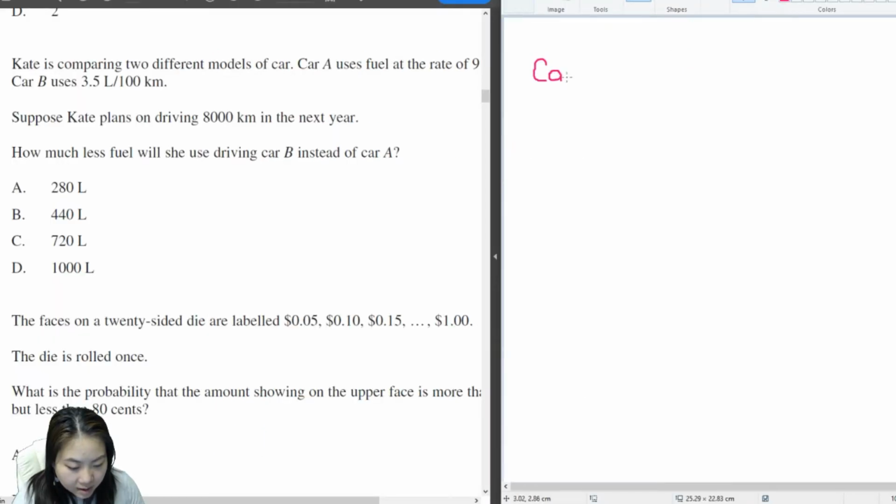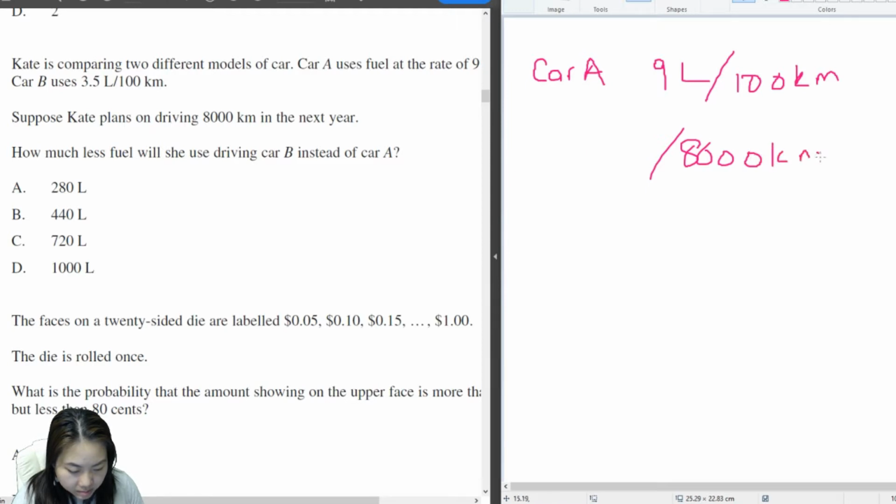Car A uses 9 liters per 100 kilometers. To be driving 8,000 kilometers, that is 80 times more than 100k.